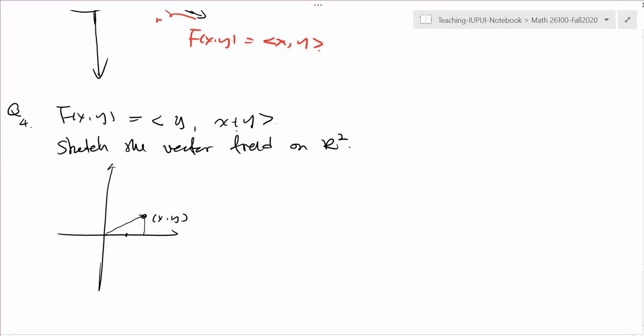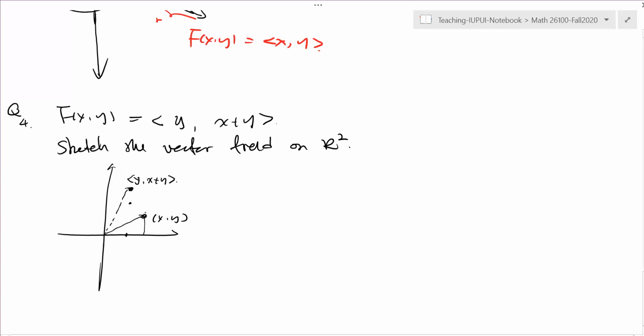Wow, x plus y is a much larger number, the sum of those two. So I have 1, 2, something like that. It's not easy to draw. So this is my vector, with components y, x plus y.